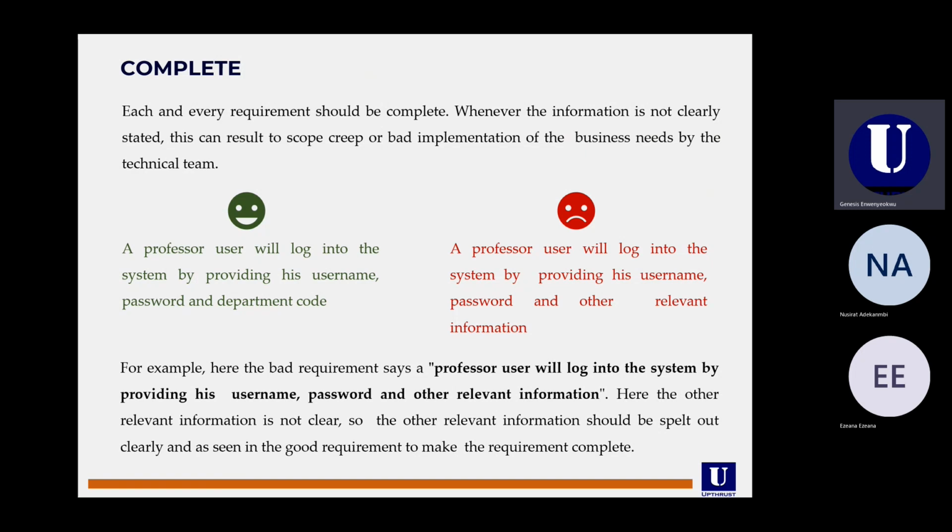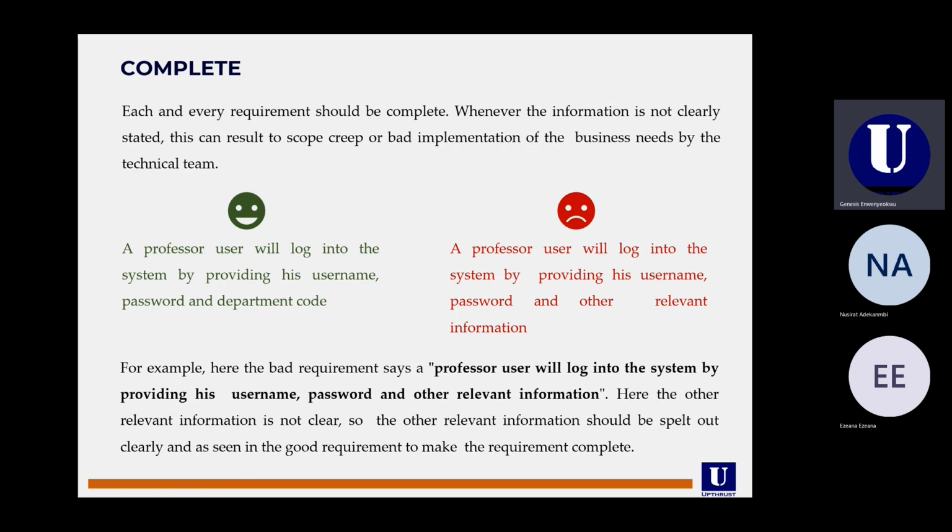So at the point of implementation, your stakeholders could assume that, oh, maybe this should be here and this should not be here. So each requirement should be complete. Whenever the information is not clearly stated, this can result in scope creep and bad implementation of the business needs by the technical team.